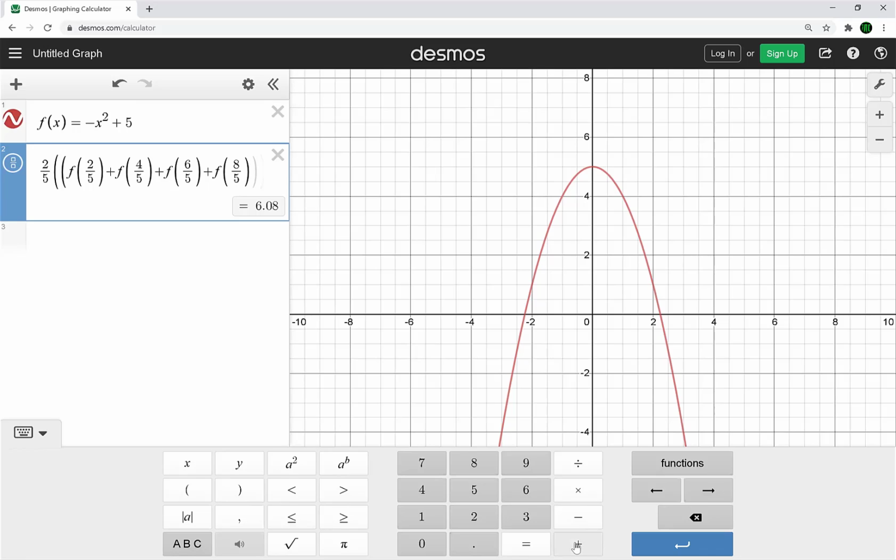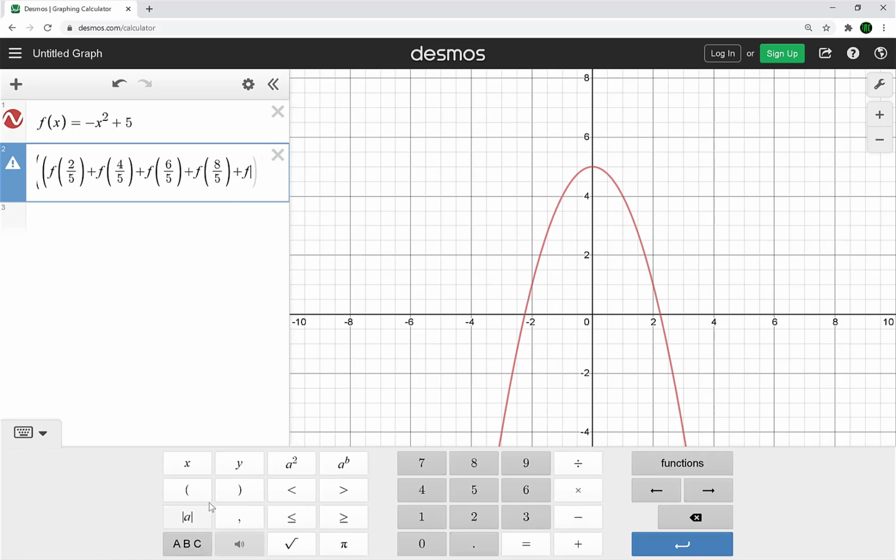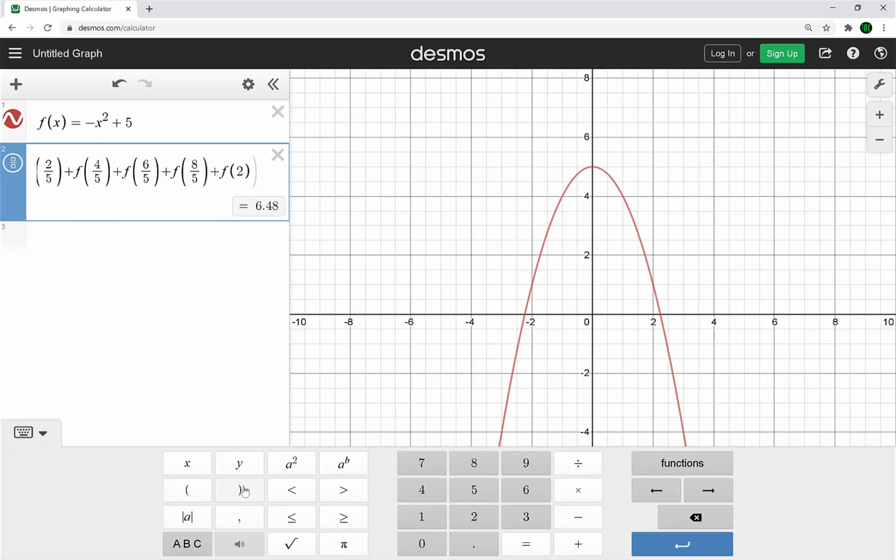And then finally, plus f of 2. You can put 10/5 if you want. And there it is.